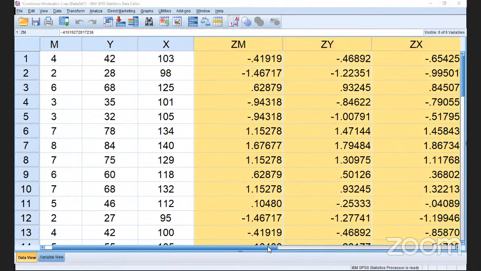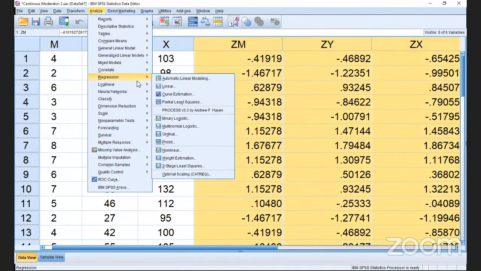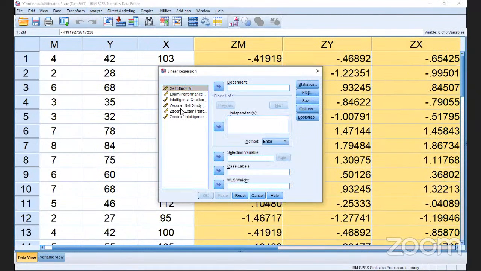Now I am using simple regression analysis to check the relationship between the two variables. So analyze, regression and linear, and then okay. Exam performance depends on IQ.